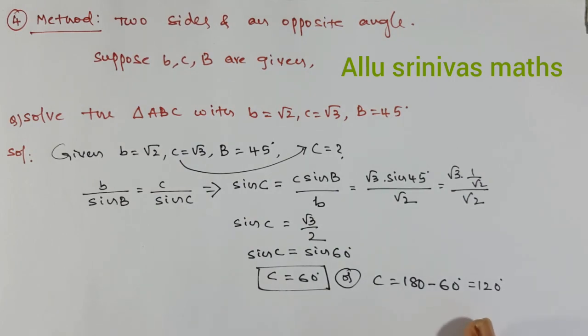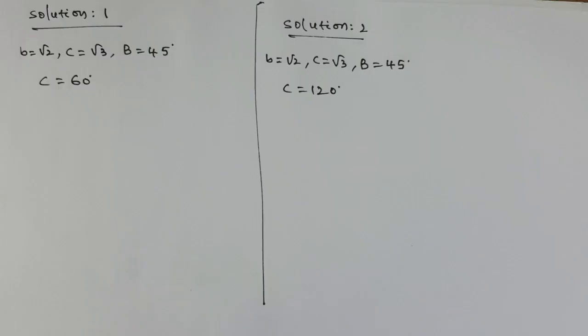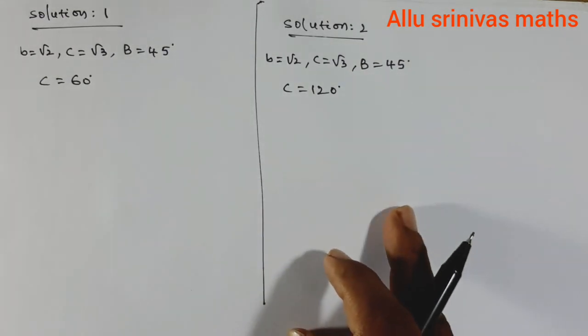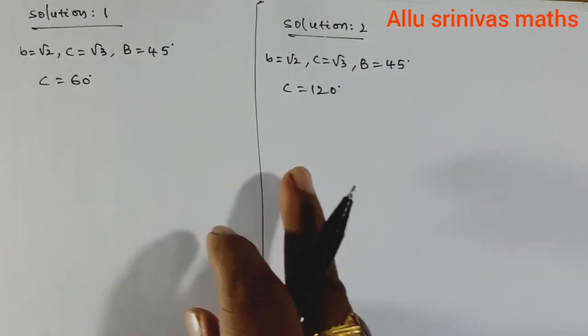In this problem two solutions exist. And after that we have to find the remaining values. We have to write given values in both solutions, and also write angle C equal to 60 degrees in the first solution and angle C equal to 120 degrees in the second solution.